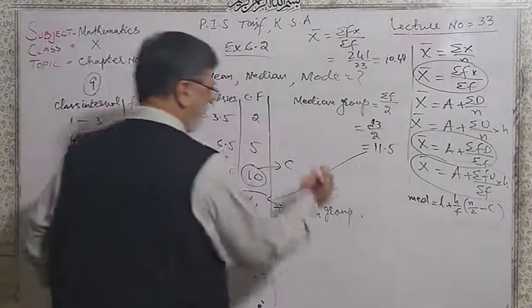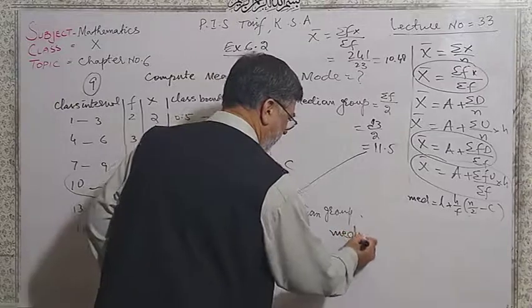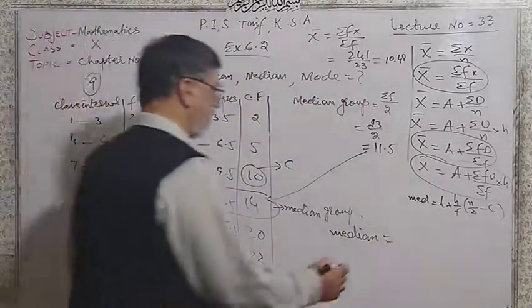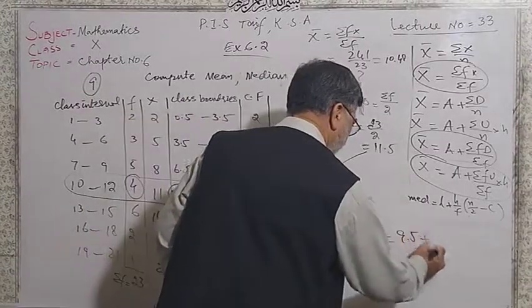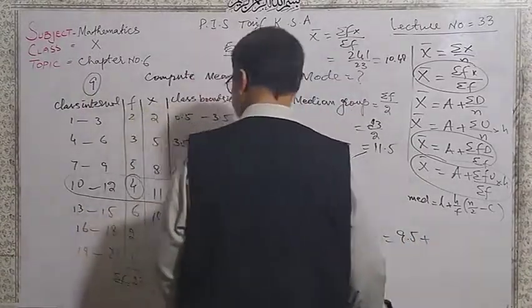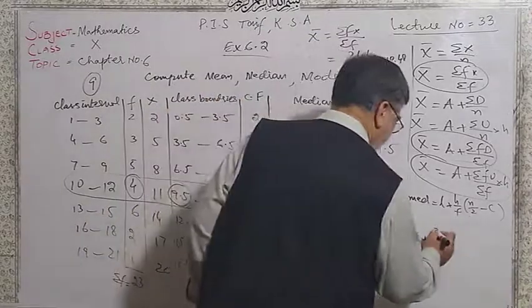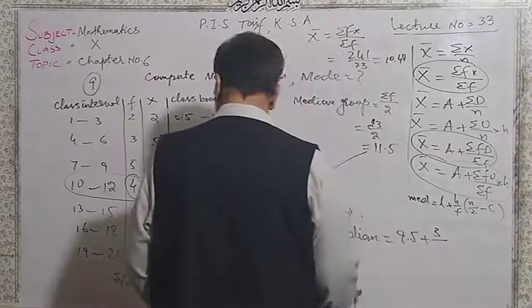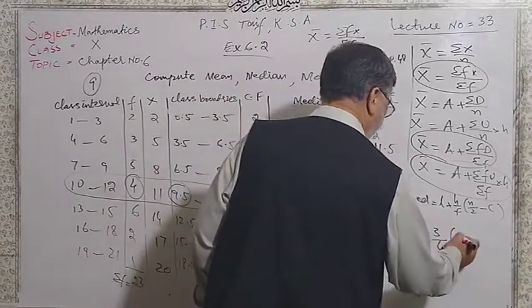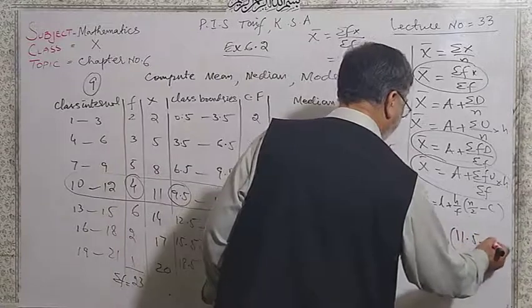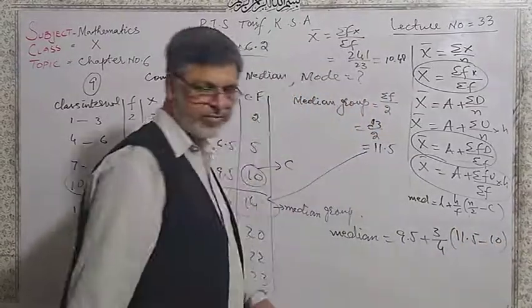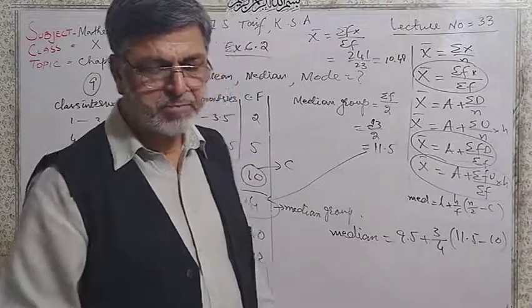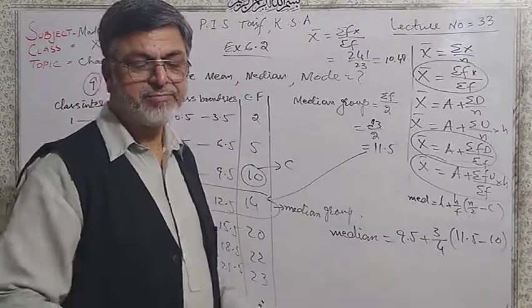Now in case of median, we can apply the formula. L is 9.5 plus H, the height of interval, that is 3, divided by F, which is 4, times 11.5 minus 10. Dear students, now we have applied the formula for the median.